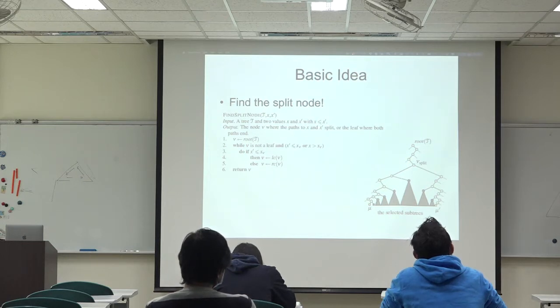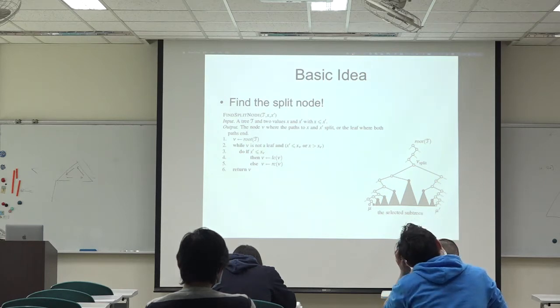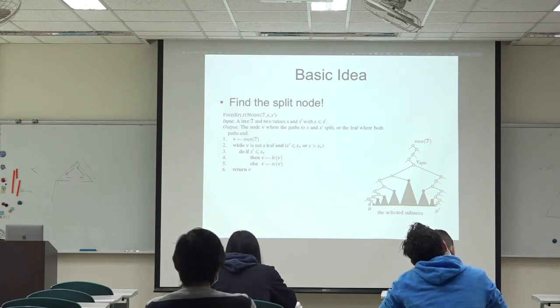Similarly, say our search range is from 10 to 40. Then we know that 50 is not going to be a split node either. Why? Because it's impossible for any node in this range to fall on the right subtree.